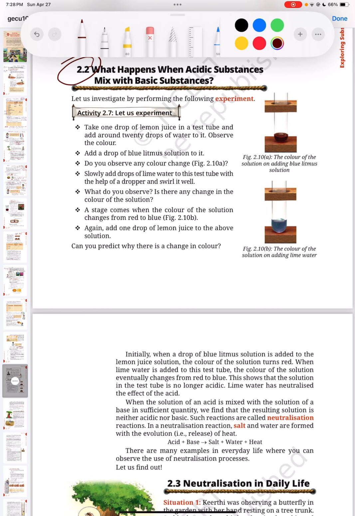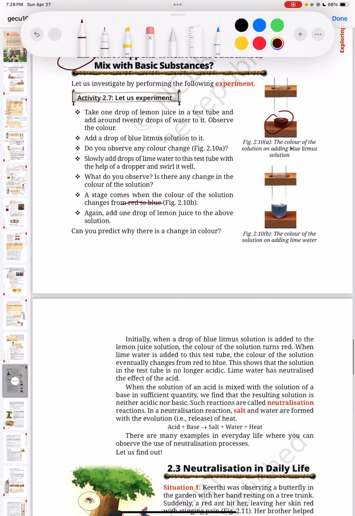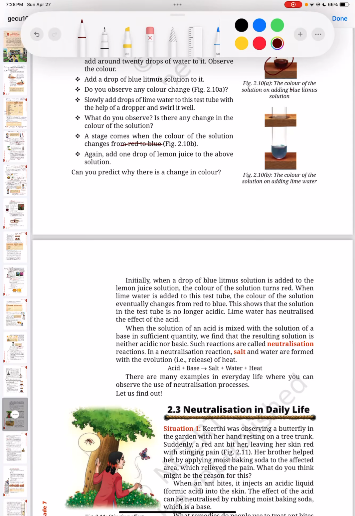Now, sorry, you put a drop of blue litmus solution in it. Now we know that the blue litmus solution in contact with acid will turn red. All right, and that is exactly what will happen. Now what you do is that drop by drop you start adding lime water.